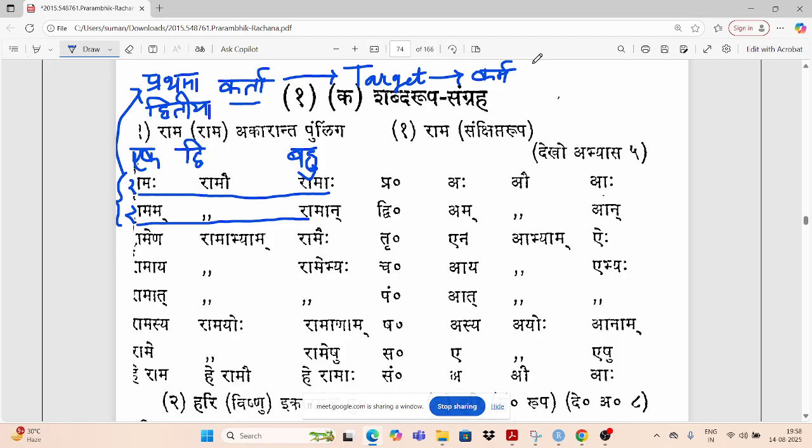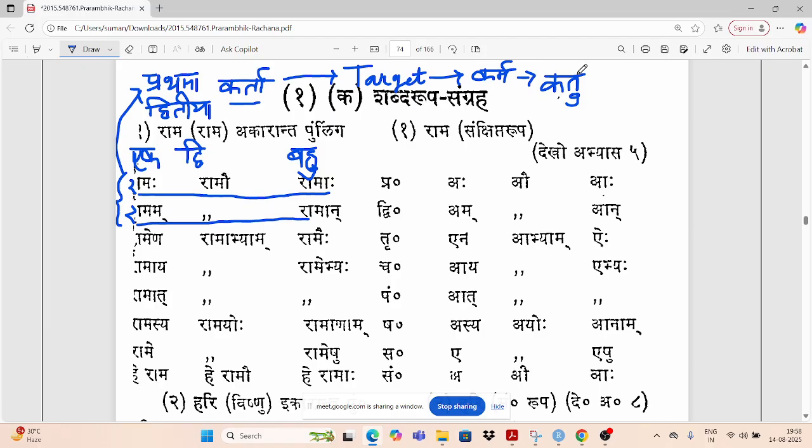Karma in vyakarana is the target of the karta. So you can write this definition, very important. If my handwriting is not clear, just stop me, because I am writing it with the mouse and I don't have much expertise.